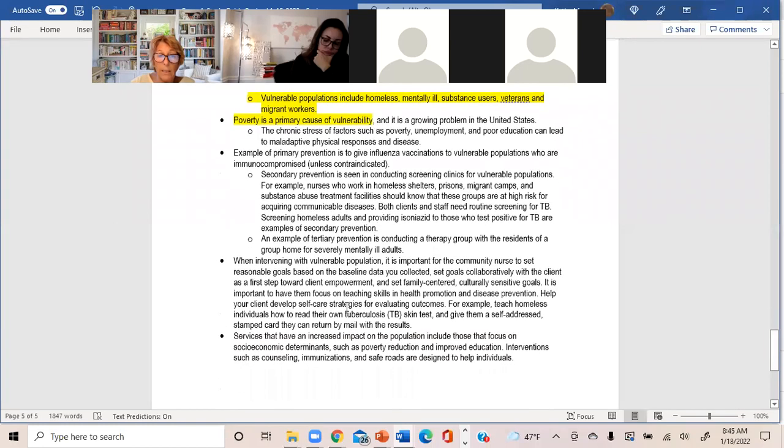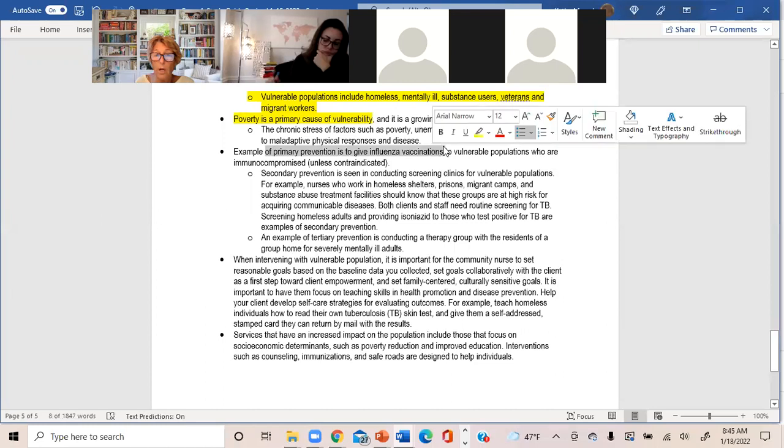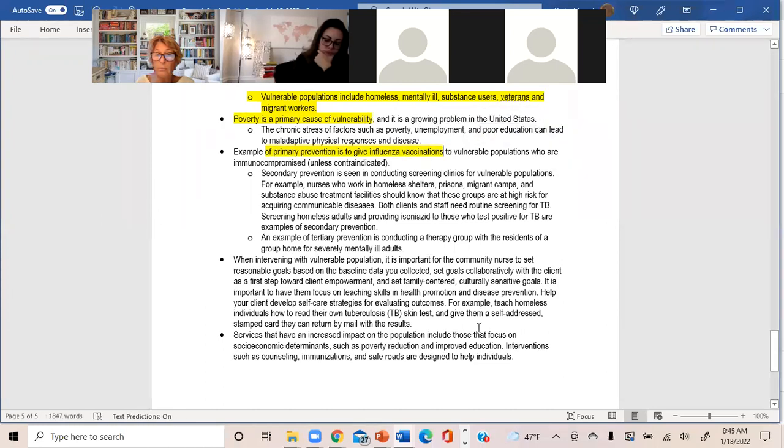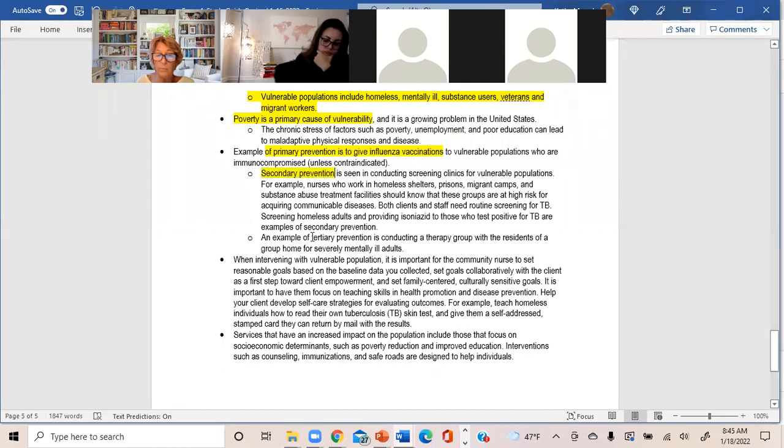An example of primary prevention would be to give an influenza shot. Right? That's primary. And then here's a nice little summary of secondary and tertiary. So read through those.